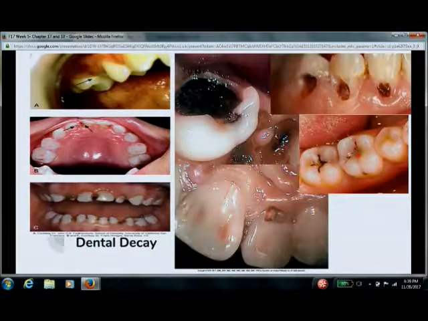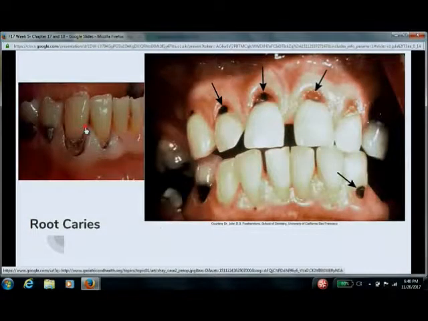These here are class 1 because they're pit and fissure cavities. They're in those pits, those grooves. And this one here is probably a class 4. So 3 and 4 here in the front because it's involving the front teeth and the edges.